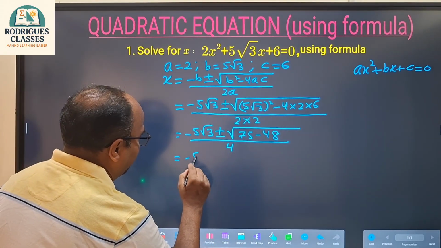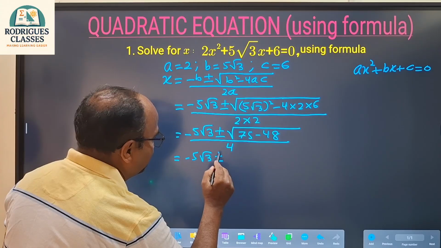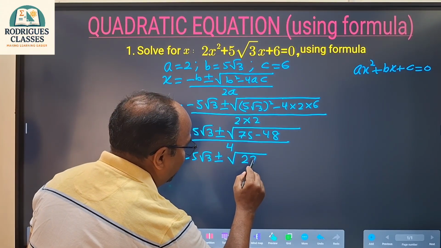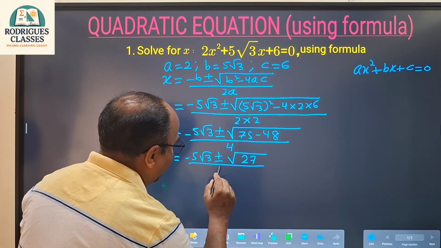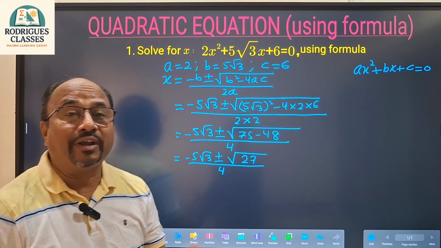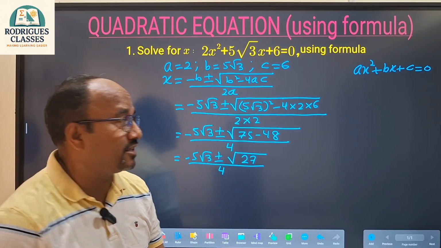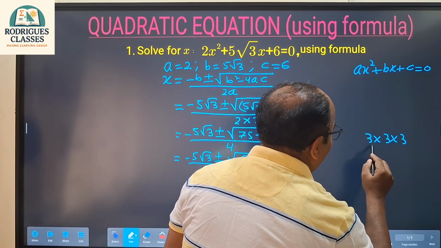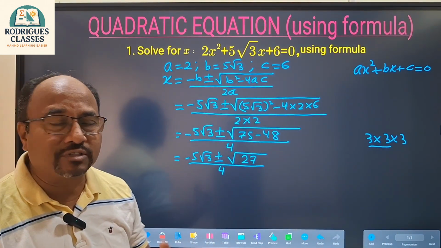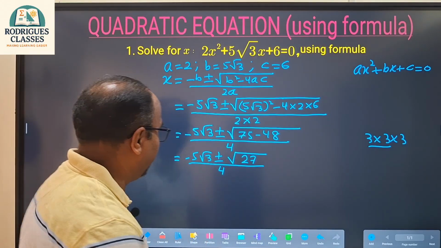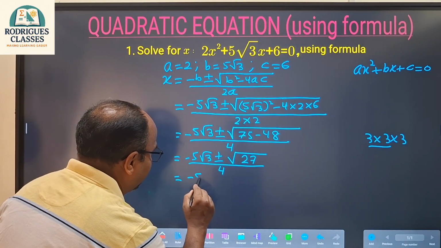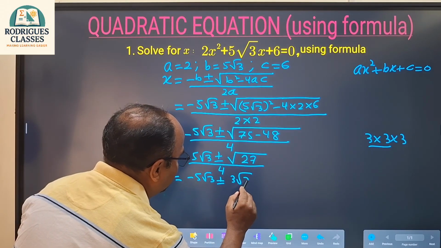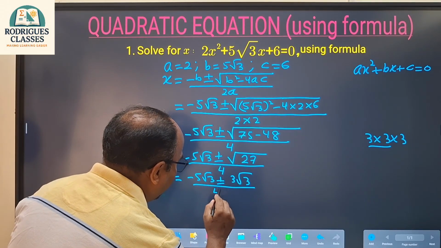So you get here minus 5 root 3 plus minus, you subtract this, you get it as 27 by 4. Now 27 has factors 3 into 3 into 3. So you know a pair of 3 will come outside the root and one 3 is going to remain. So we write here minus 5 root 3 plus minus, this will become 3 root 3 by 4.